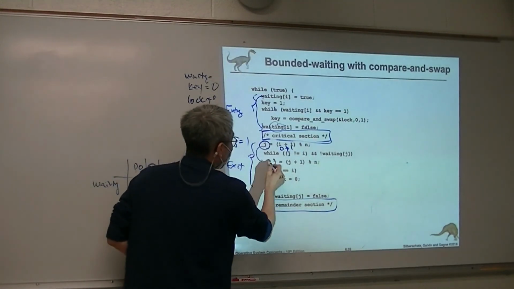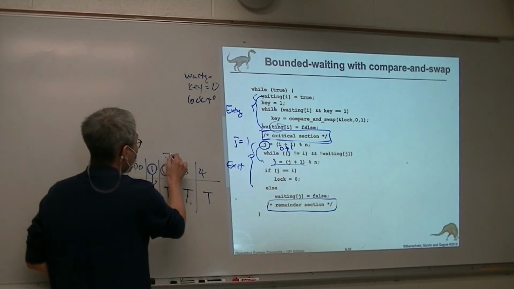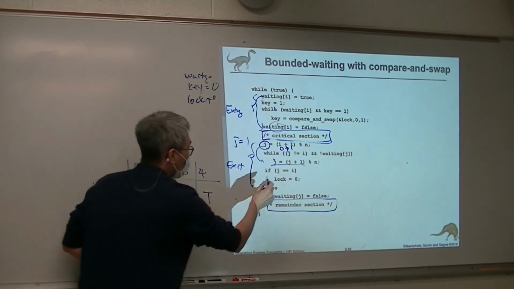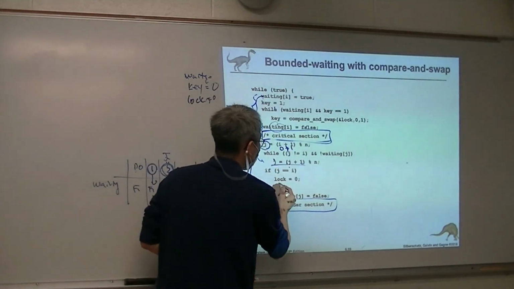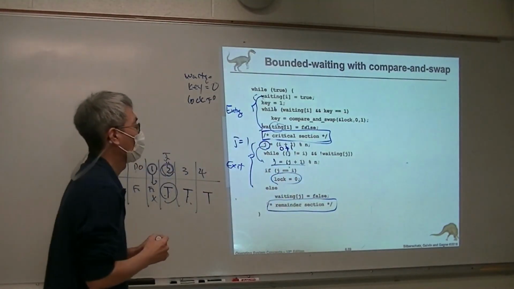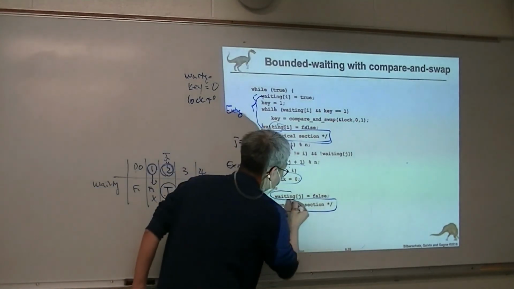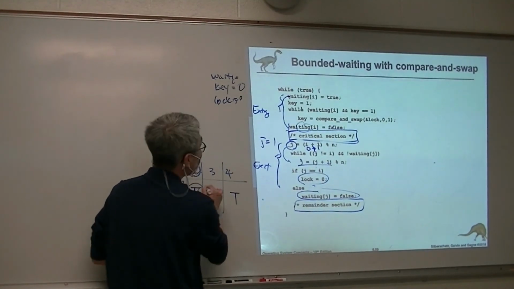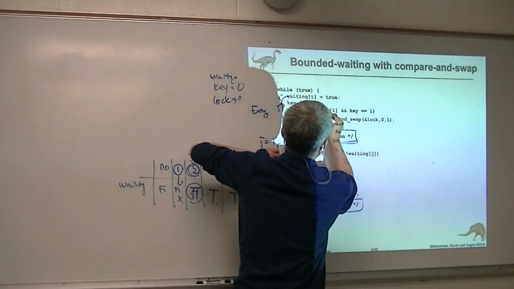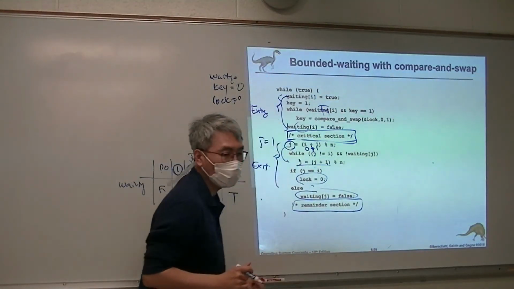Then going to plus 1, and next, j equals 2. j equals 2 is true. True means we can give the key to that. Okay? Then waiting[j] is false. Waiting[j] is false means the j process, this one, is false. Then the j can enter the critical section.